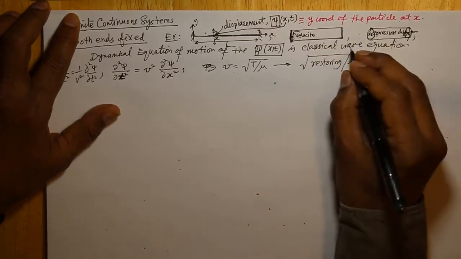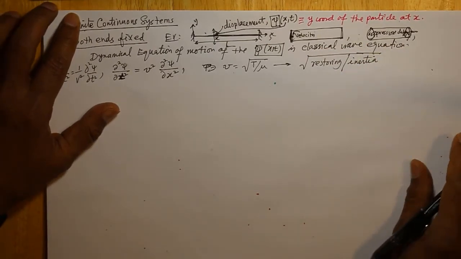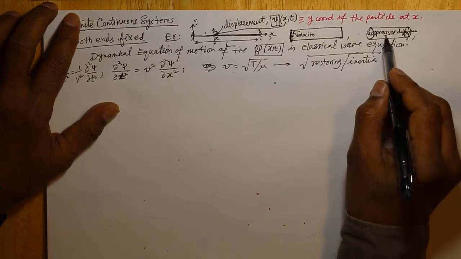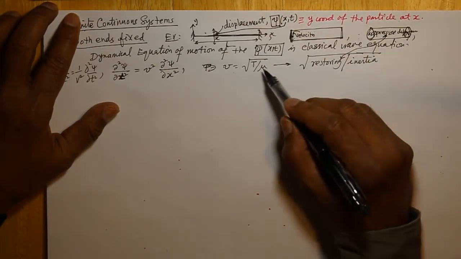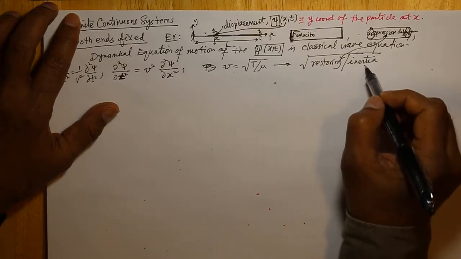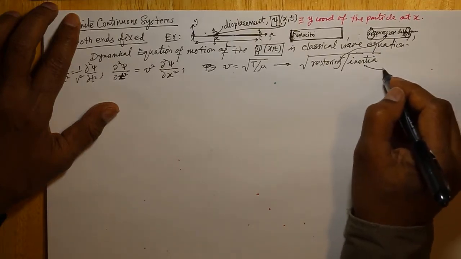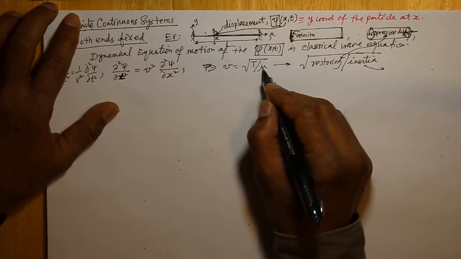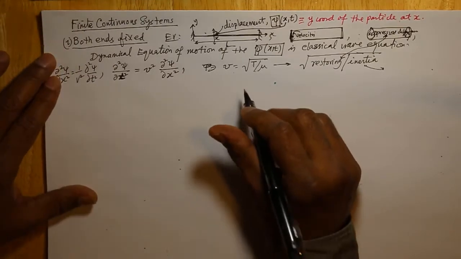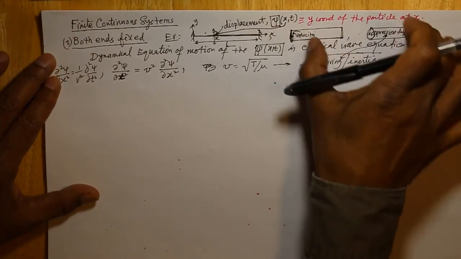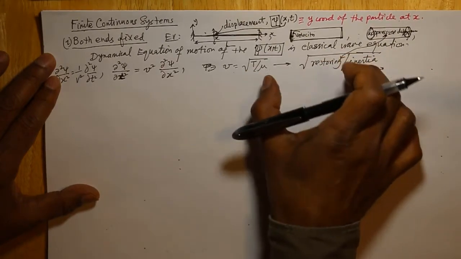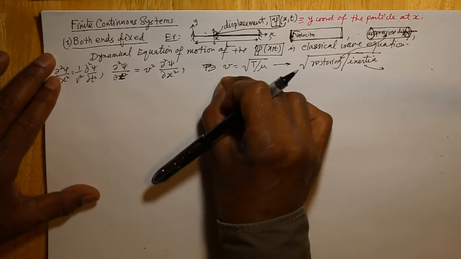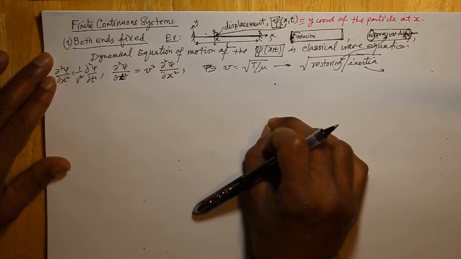In a different system, for instance in the case of pressure, this will be a pressure, not tension, and inertia will be the density, not mass per unit length. But you have to study each system and find out what the corresponding thing is for v.